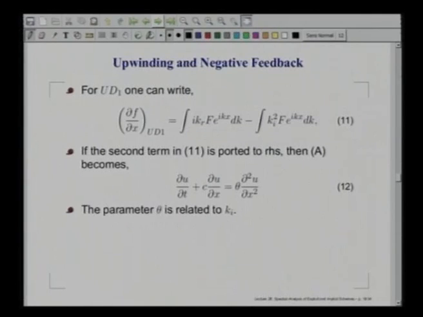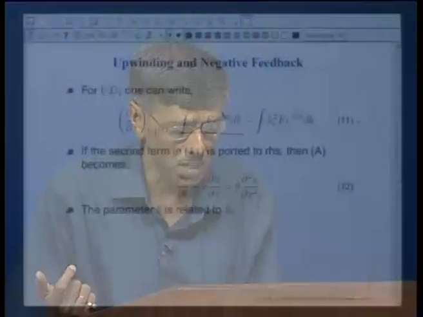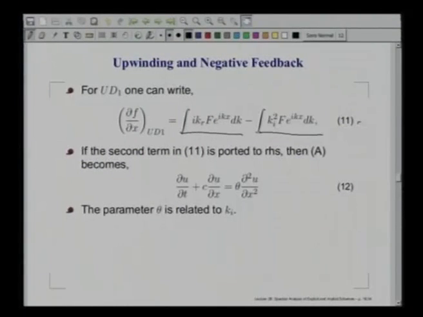Now, let us look at the consequence of this UD1 scheme. I told you that k equivalent has a real part and imaginary part. So, that is what we have written down here in equation 11. We have shown it, the real part gives rise to this, which is like your CD2 scheme that we have noticed before. This imaginary part actually gives you an added dissipation.